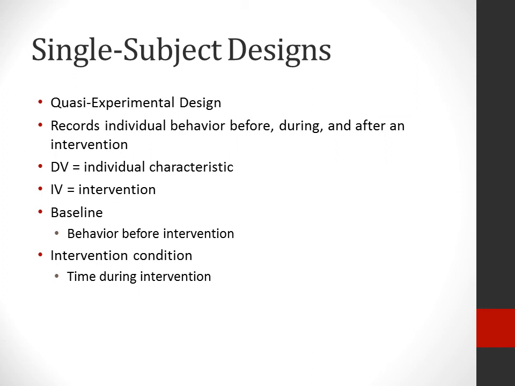In this case, the individual characteristic that we're measuring and looking at pre-test and post-test is the dependent variable, with the intervention that we're implementing as the independent variable. And we look at baseline and intervention conditions. So we mark behavior before the intervention and then time during the intervention.